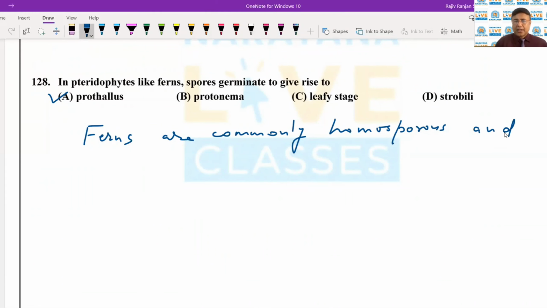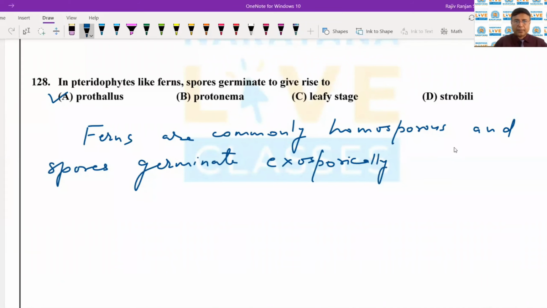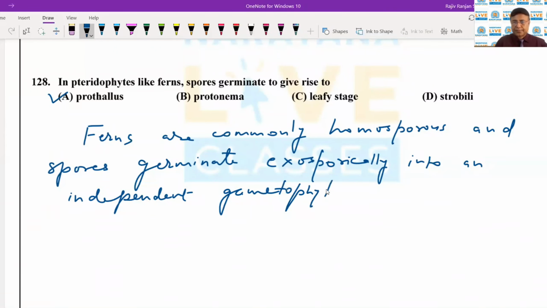The spores germinate exosporically, means outside the spore, the germination and further development takes place outside the spore, into an independent gametophyte called prothallus.